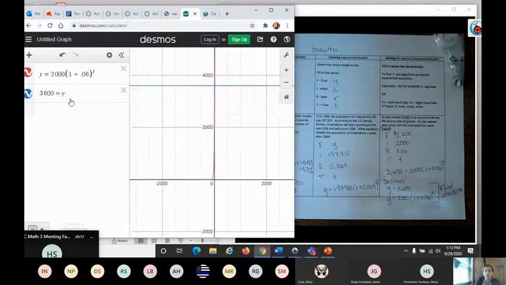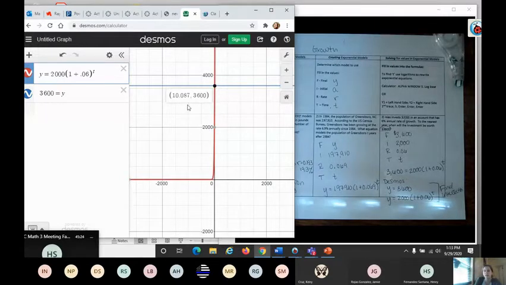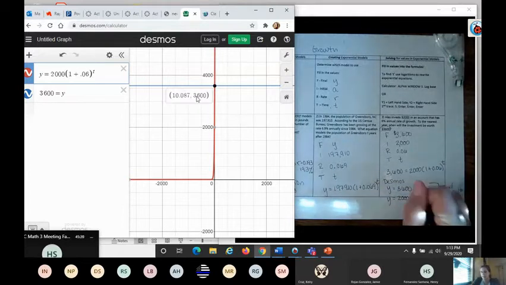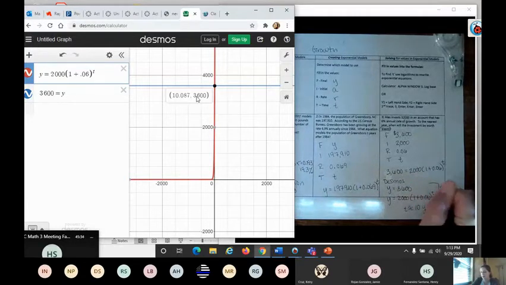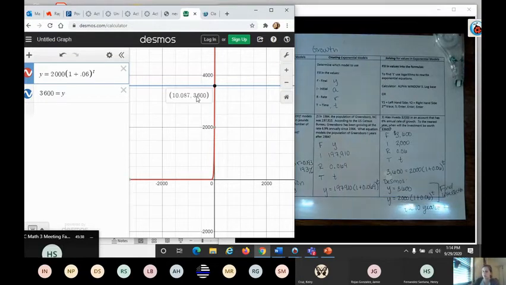Our blue is our final amount. We just find the intersection, just click on it. Okay. The t value is going to be your x value. The $3,600 is right there. So we get t is about 10 years. Okay, so in about 10 years would be our solution.